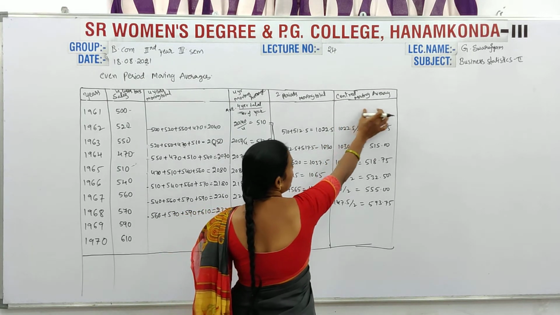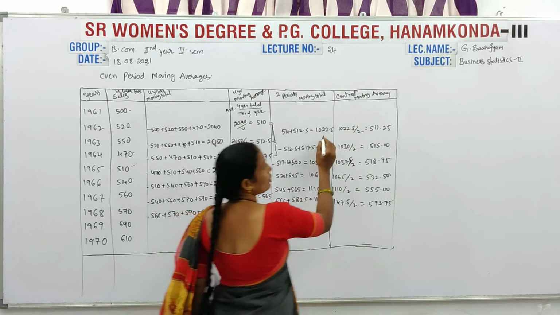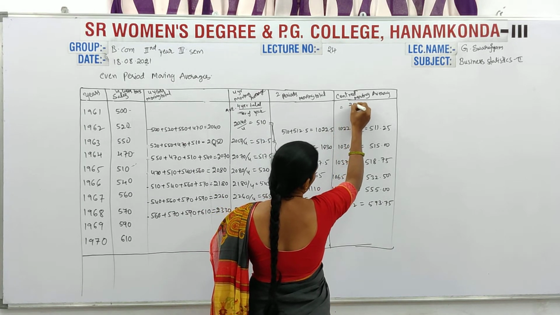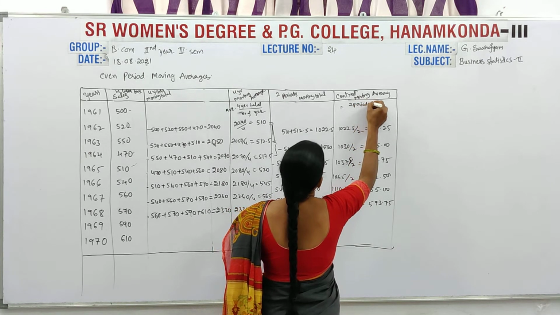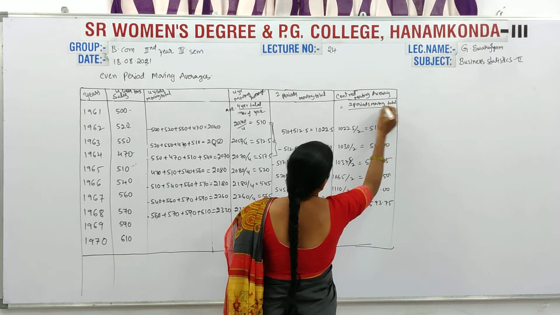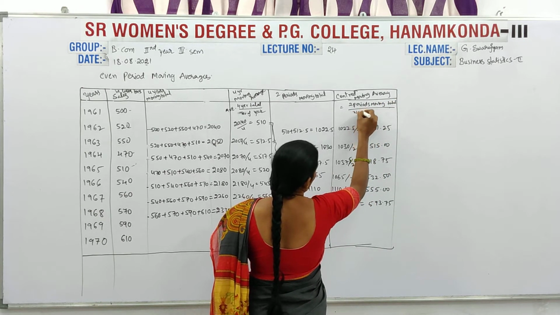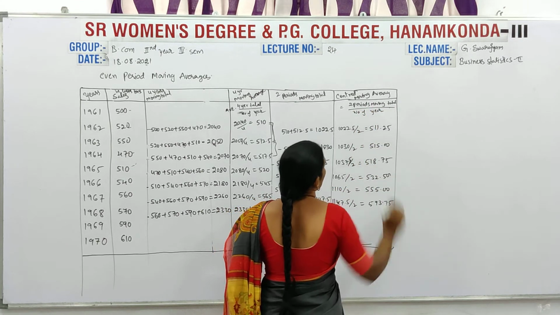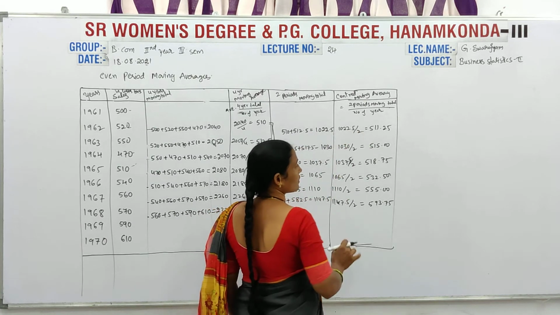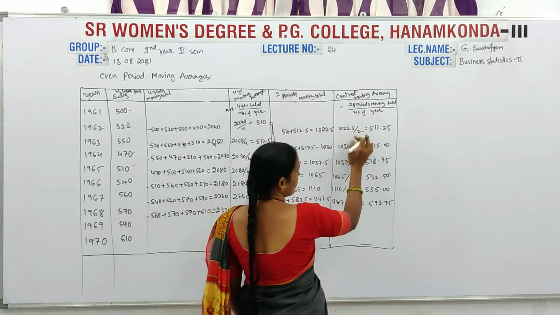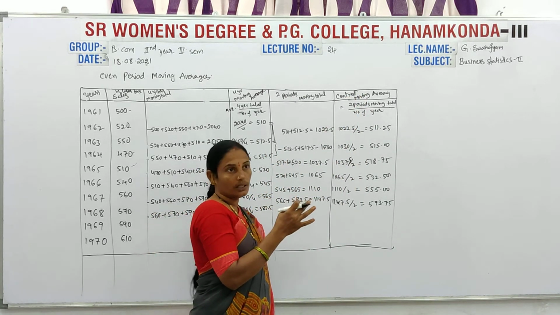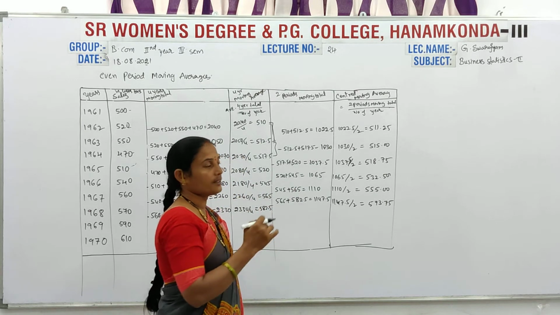1022.5. So the centered moving average calculation here: the 2 periods moving total divided by the number of years. So since it is 2 periods, we take 2. If we take a 3 periods total, we divide by 3. If we take a 4 periods total, we divide by 4. So we add the total of however many years and divide by the number of years.